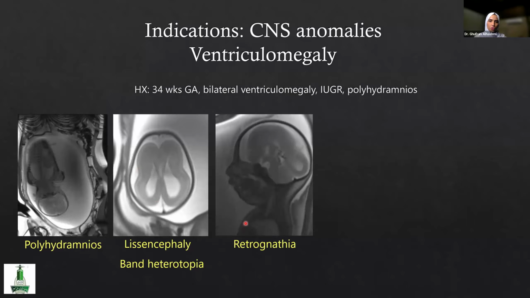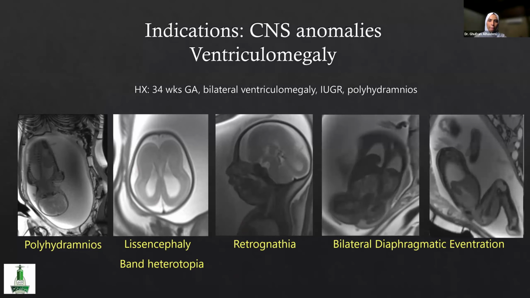This sagittal image shows retrognathia. And also in this coronal body image, you see that there is eventration of the diaphragm bilaterally. So MRI was able to find the reason for this patient's ventriculomegaly. The patient had lissencephaly and band heterotopia, along with other multiple abnormalities.